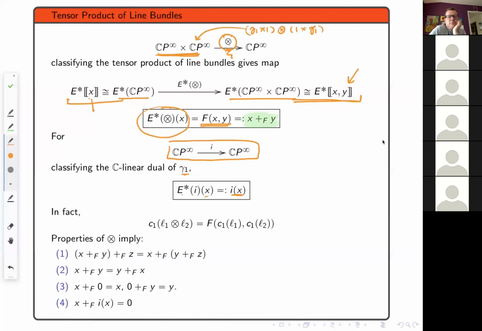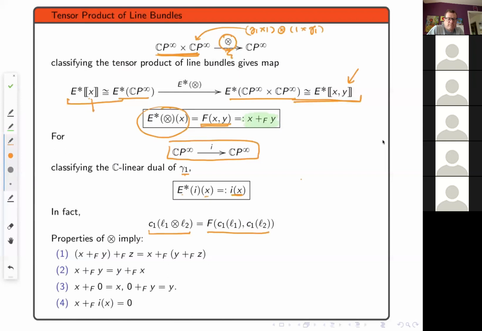Okay. Now, if you go back to what I said before, X was supposed to be this first Chern class, right? So what is this thing, F of C1 and C2? Well, this power series is actually the rule for the first Chern class of the tensor product of two line bundles.